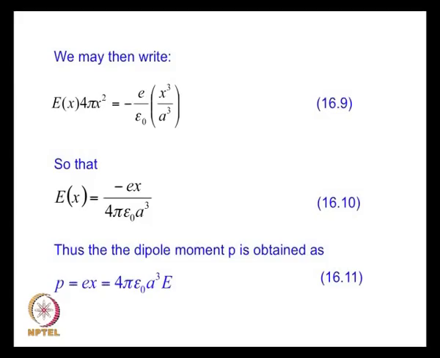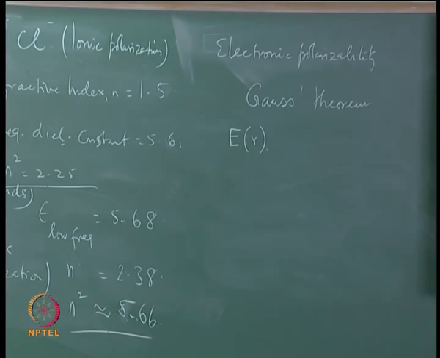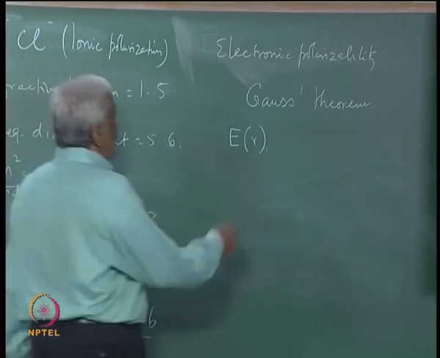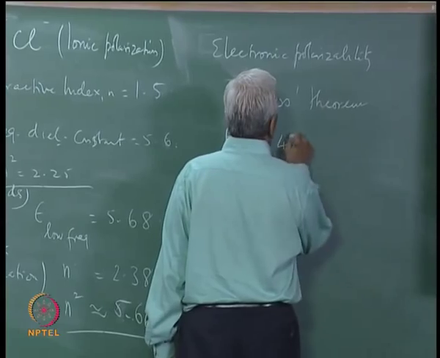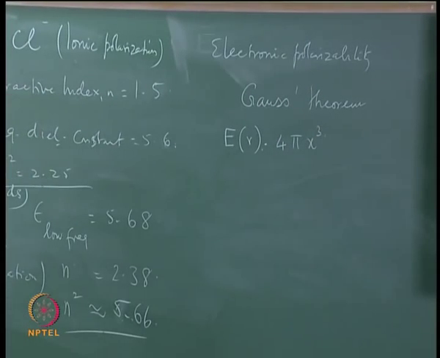So, if we consider Gauss theorem, we can write E of r for a spherical atom, the electric field is radially directed. That is why I am writing times 4 pi x squared, where x is the relative displacement between the electron and the nuclear charges.